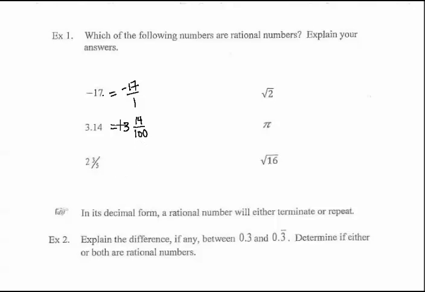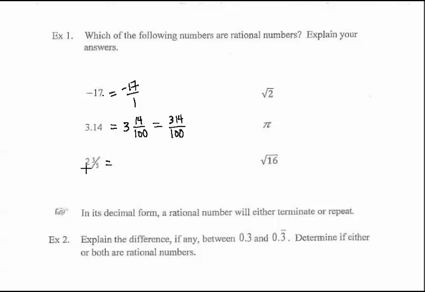To work this 3 into the fraction, we can simply say 3 times 100 plus 14, 314 over 100. So 3.14, any terminating decimal, can be written in the form of a fraction with an integer on the top and the bottom.